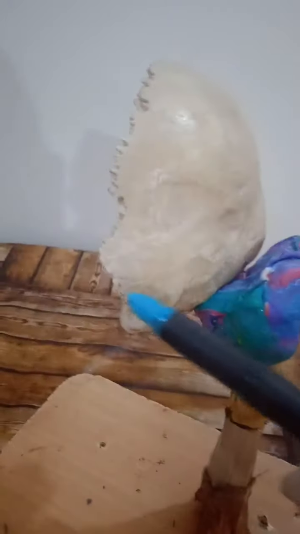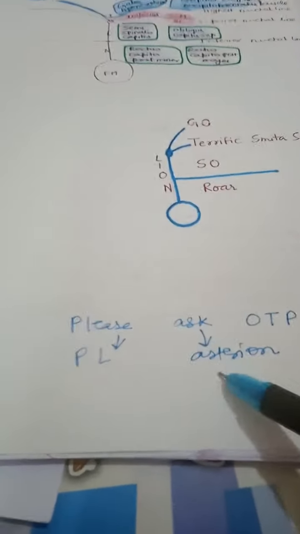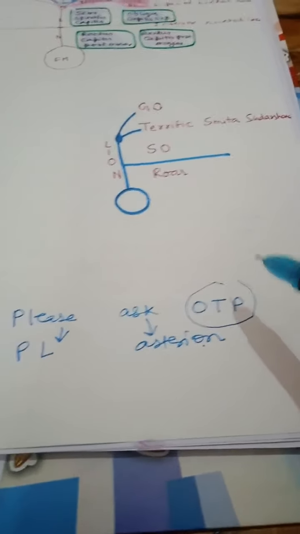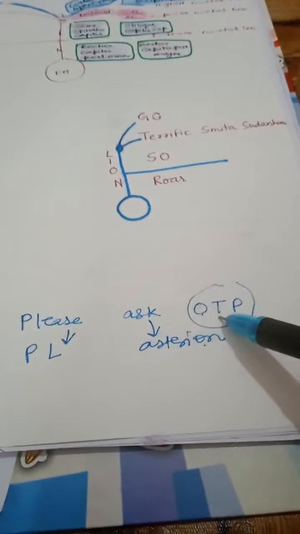This is the asterion, and it is the meeting point of three bones. Remember OTP: occipital bone, temporal bone and parietal bone. Here lies the occipital bone, here lies the temporal bone, and here lies the parietal bone.